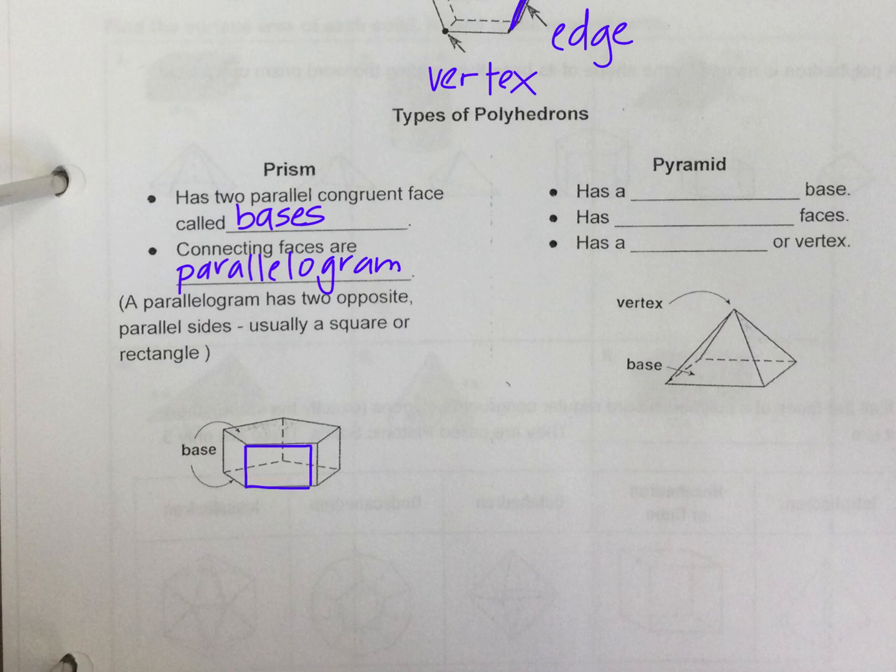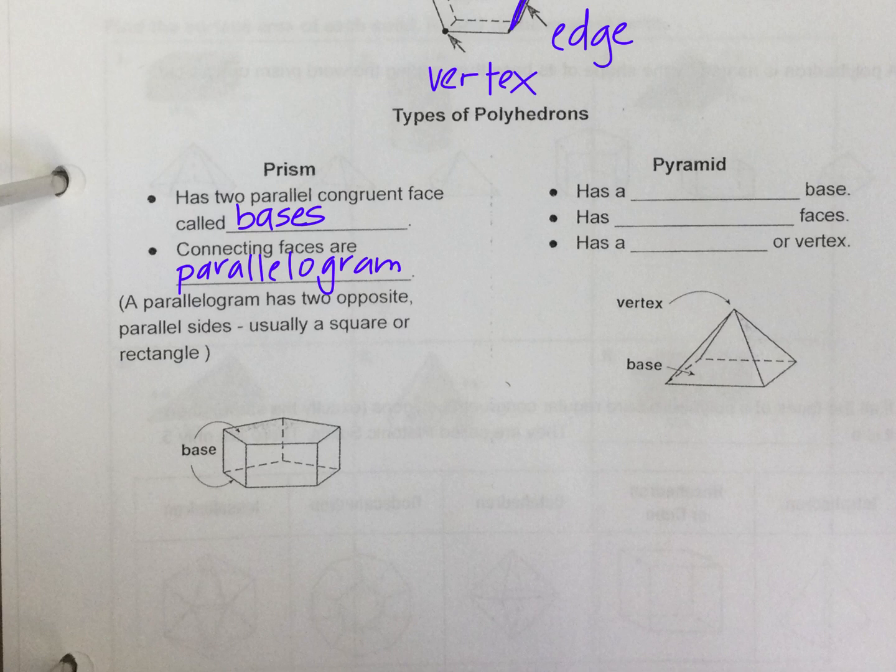This is a rectangle, this is a rectangle, this is a rectangle, that's a rectangle, and that's a rectangle. And I know it doesn't look like in the picture, but they're all the exact same size and measure. So in this picture, there happens to be 5 of them.